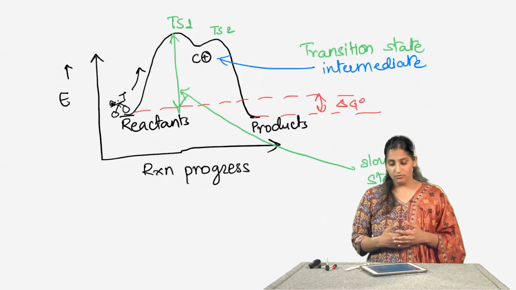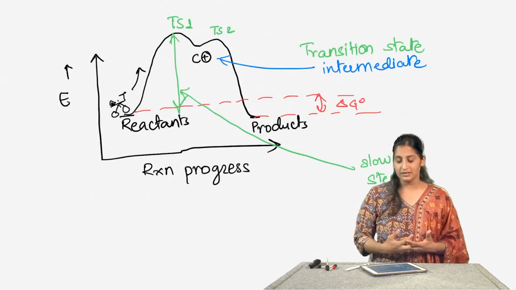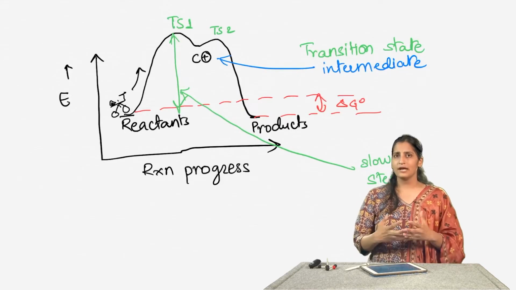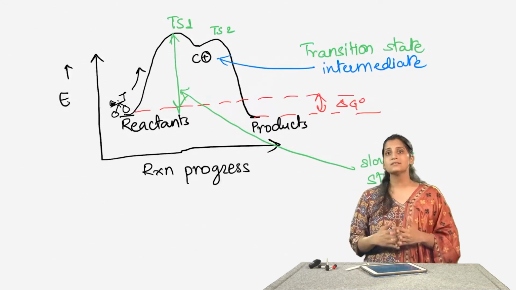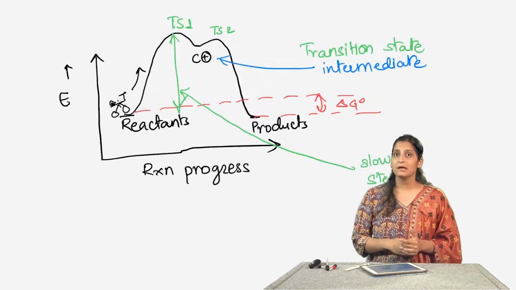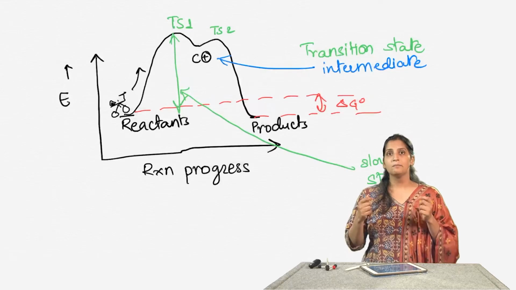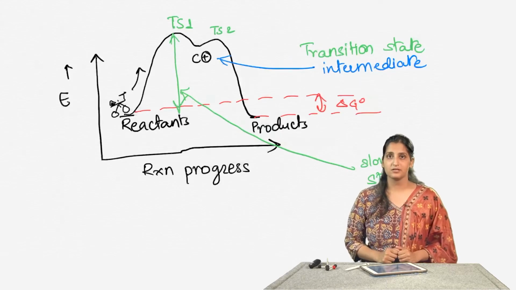Although it is not clear at this point why transition state 1 is at a higher energy than transition state 2, you can right now just remember that the formation of the carbocation is the highest energy step, or the rate determining step or rate limiting step, whichever way you want to call it. How fast you form that carbocation will determine how fast or slow that reaction happens.